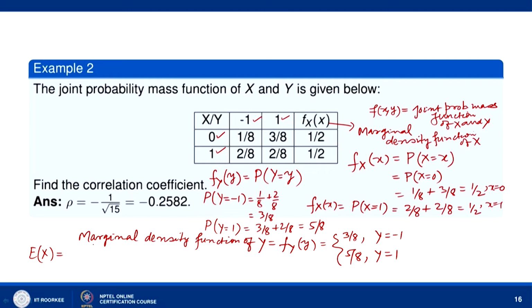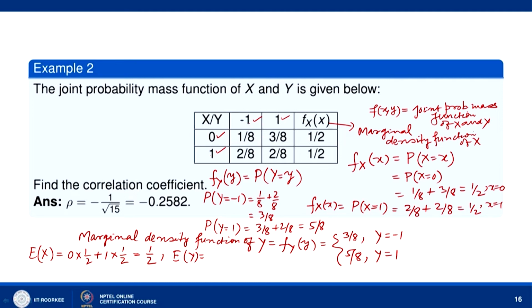So, x takes the values 0 and 1. E[X] is 0 multiplied by its probability, which is half, plus 1 multiplied by 1 by 2. So we get the expectation of x equal to half. Expectation of y we can get similarly: values of y multiplied by their corresponding probabilities.